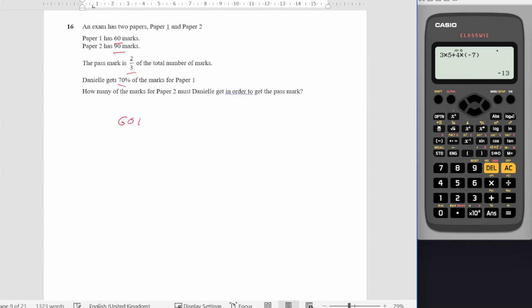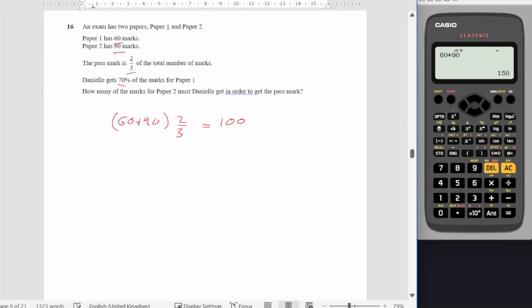First thing I'm going to do is 60 plus 90, that's the total, times by 2/3. That is going to be equal to 150, 60 plus 90, times by 2/3 is going to be 100.